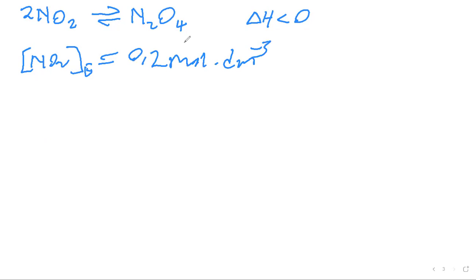What else? The equilibrium constant for the reaction is 171. Okay, Kc equals 171. So now we have Kc and the concentration of NO2. The question says calculate the initial number of moles of NO2 gas placed in the gas syringe. So the initial number of moles.